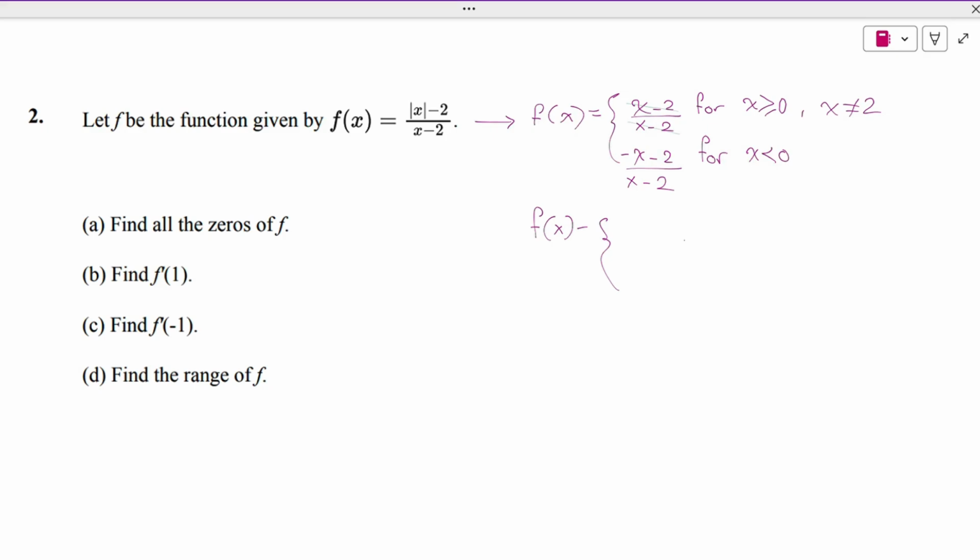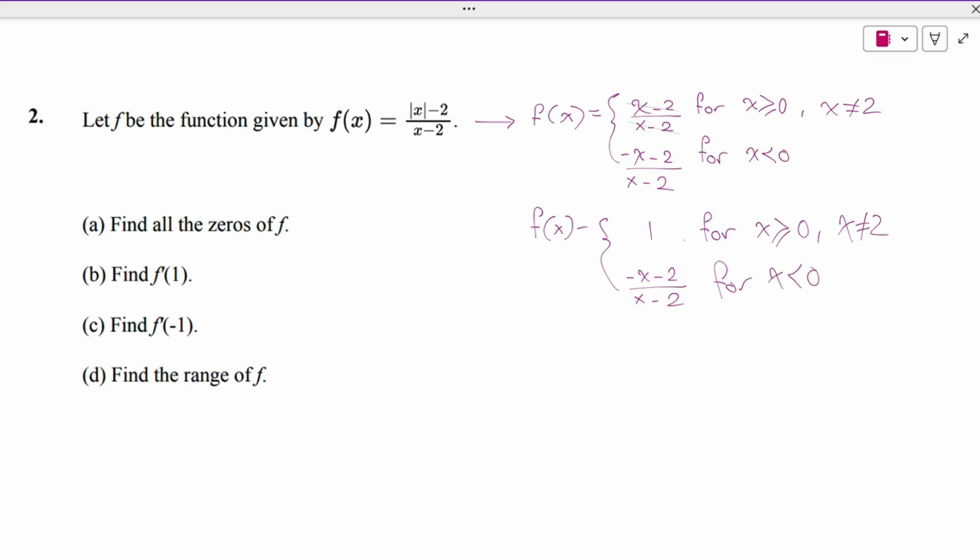That leaves us with 1 for x bigger than or equal to 0, but again x shouldn't be 2. Okay? And do you think we can simplify the second one? Well, I don't think so, because x is negative on top, x is positive down. We cannot simplify it. So let's keep it as minus x minus 2 over x minus 2. This is for x less than 0.